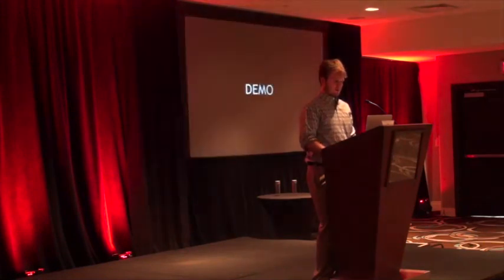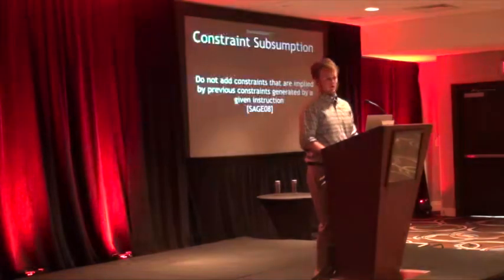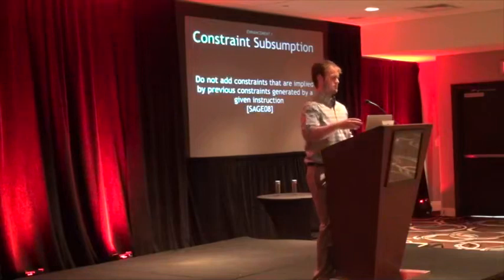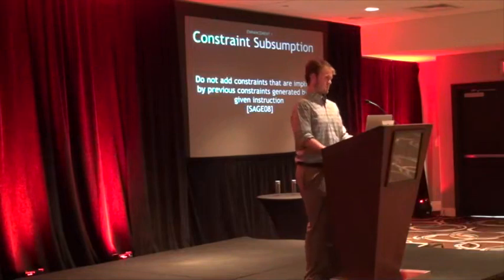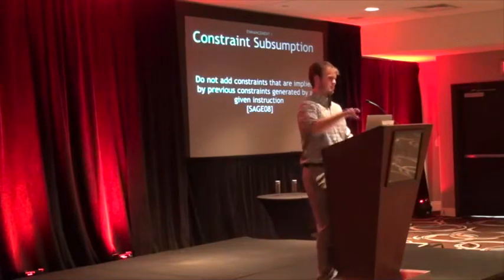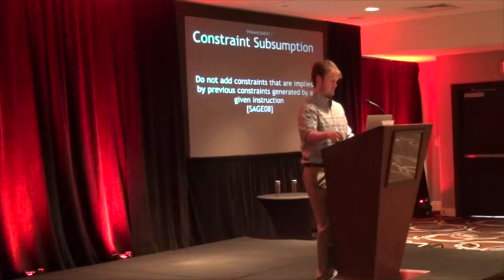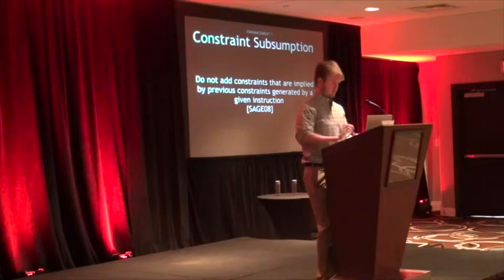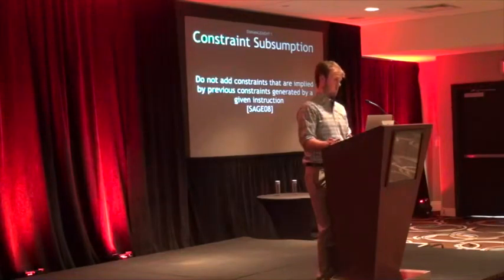So we can also add enhancements on top of the techniques that we mentioned. We can do what's called constraint subsumption, which means that we're going to look at the constraints generated by every instruction, and then check if we visited the same instruction twice, whether the new constraint implies the old constraints.